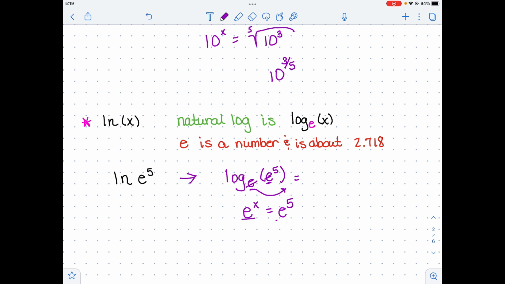Well, e and e are the same, they cancel each other out, so x is 5. That means this value right here is 5. That is the evaluation of it.